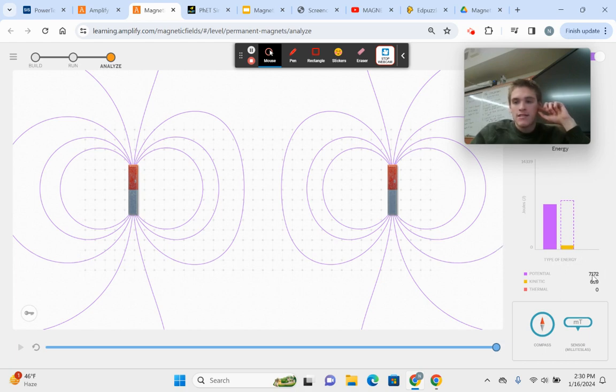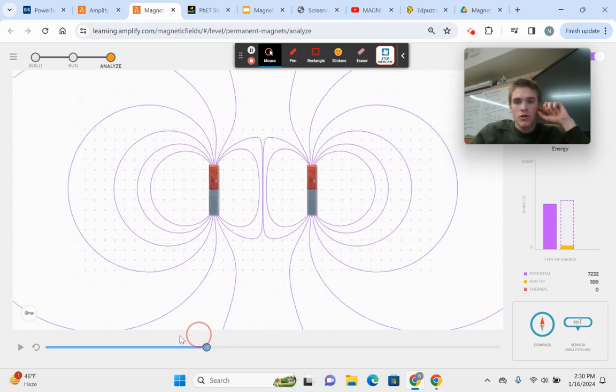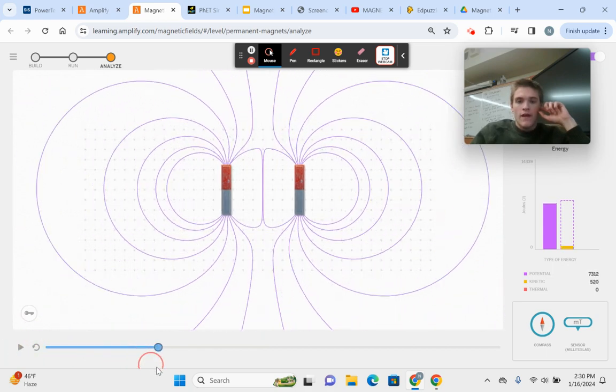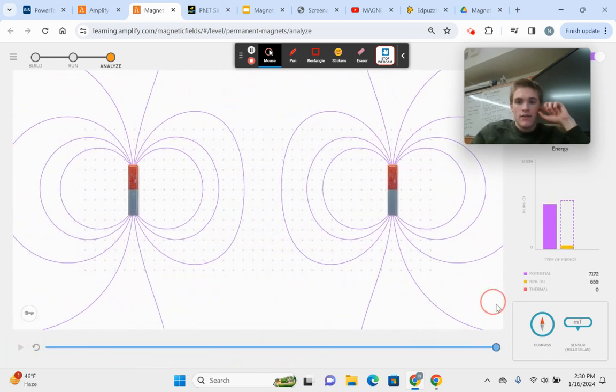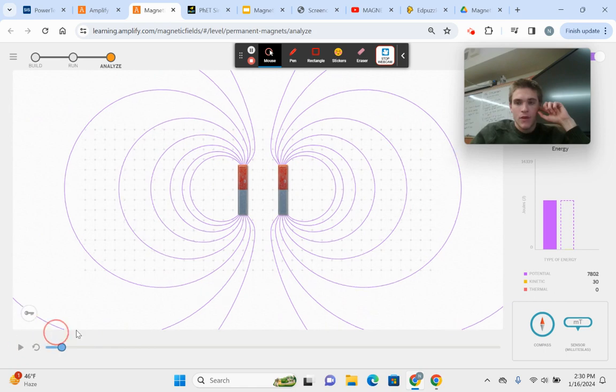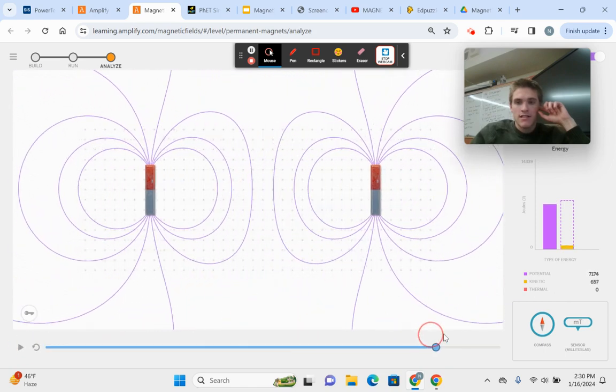means there's less potential energy stored in the system. So when they get closer, there's greater potential energy. When they get further away, there's less potential energy.